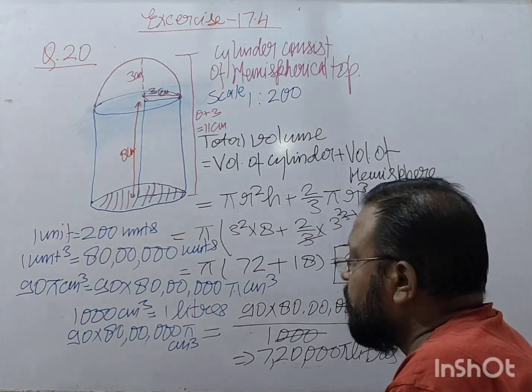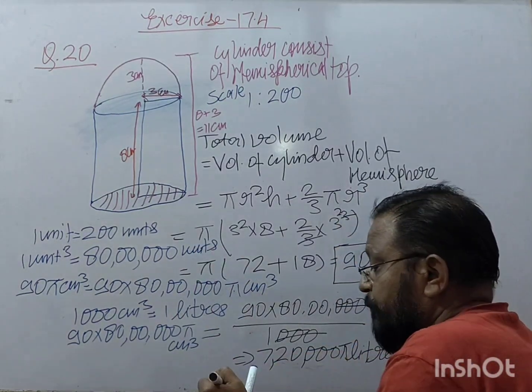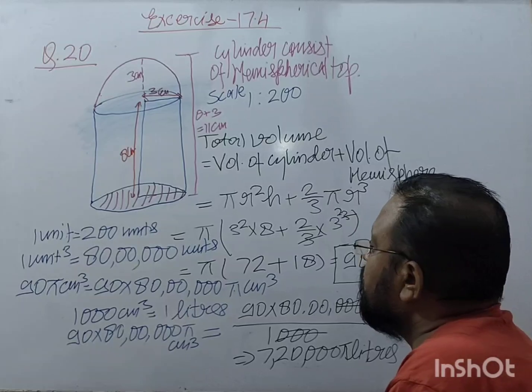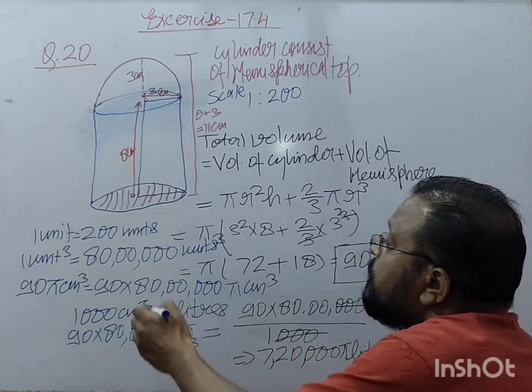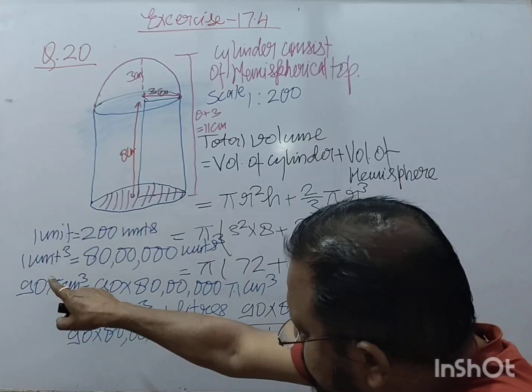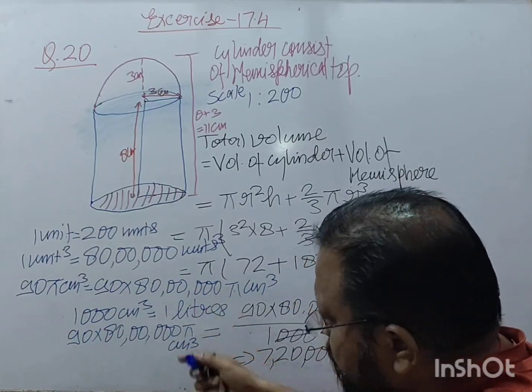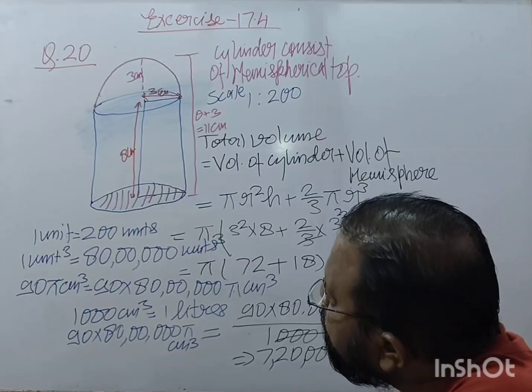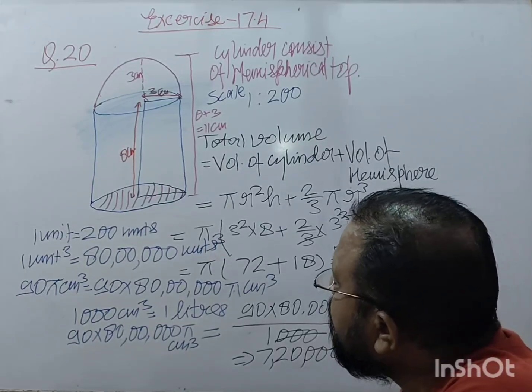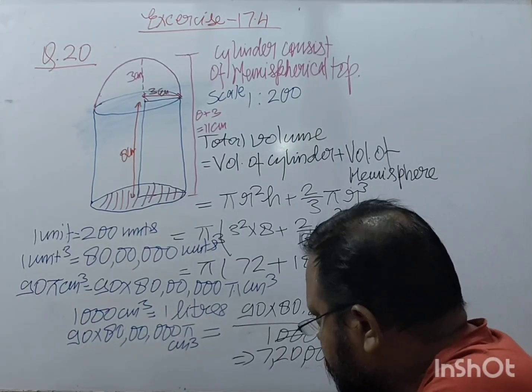So 90 pi centimeter cube becomes 90 into 80 lakh pi centimeter cube.